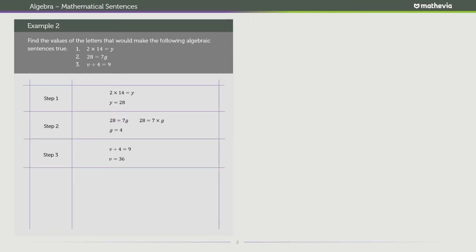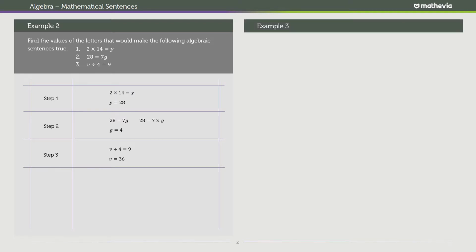It's actually very, very simple. Yes, we're using letters in mathematics, but there really isn't much to it. You have a given sentence, for example v divided by 4 equals 9, and it's just asking you what v stands for, or what number you would divide by 4 to give 9.